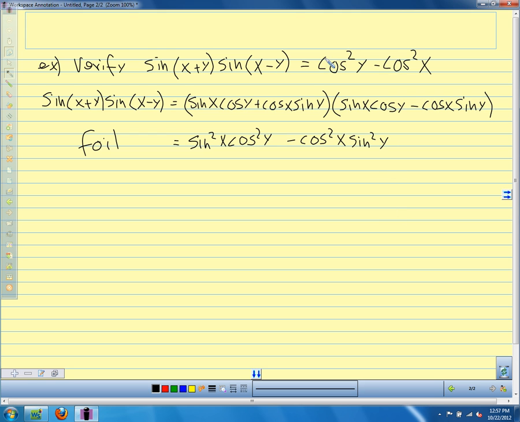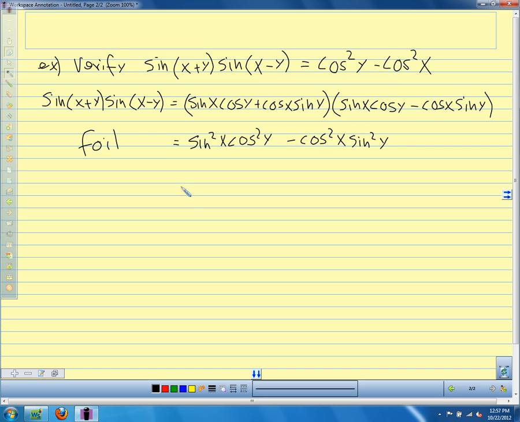Now, what I'm trying to get to, I see that everything is in terms of cosine. And here I have some sines mixed in. So I want to rewrite all my sines in terms of cosines, because what I'm trying to verify is all in terms of cosines.